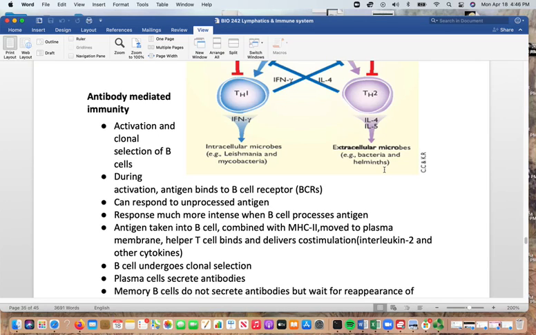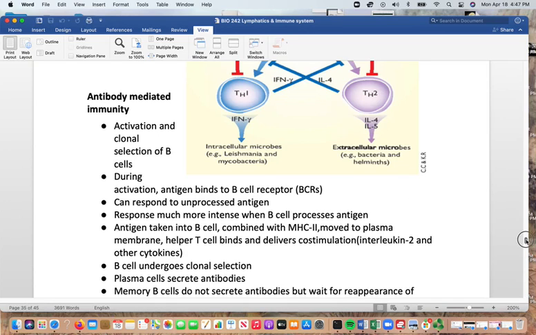Helminths are your worms. So with antibody-mediated immunity, you have activation and clonal selection of the B cells. When they're activated, your antigen binds to the B cell receptor. They can respond to unprocessed antigens, but the response is much more intense when the B cell processes an antigen, takes it into the B cell, combines it with the MHC2, and moves it to the plasma membrane.